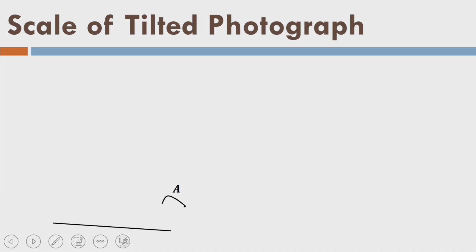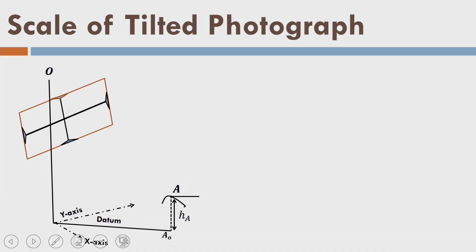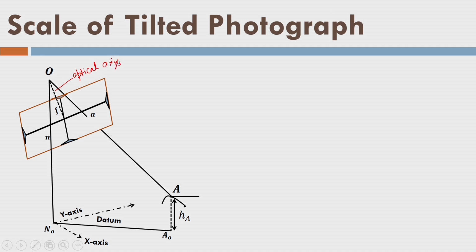Let us say this is a point A on the terrain, on a datum, and point A has height HA. Let us say there is an image, with a point N and a point A which is imaged. This is focal length F, and this is the optical axis. The line joining N and point K is the principal line.